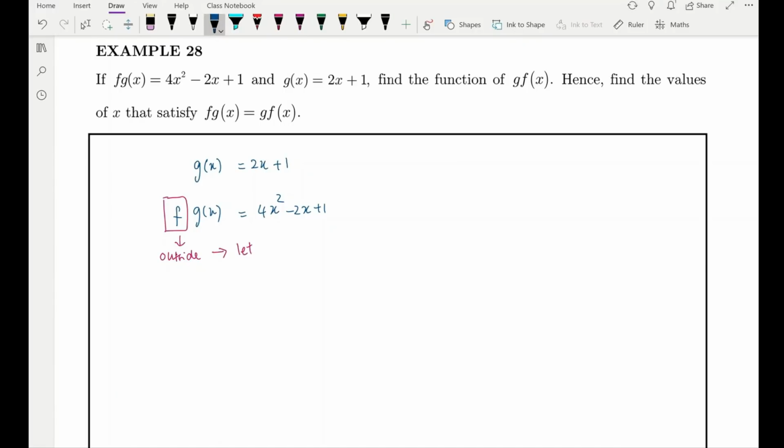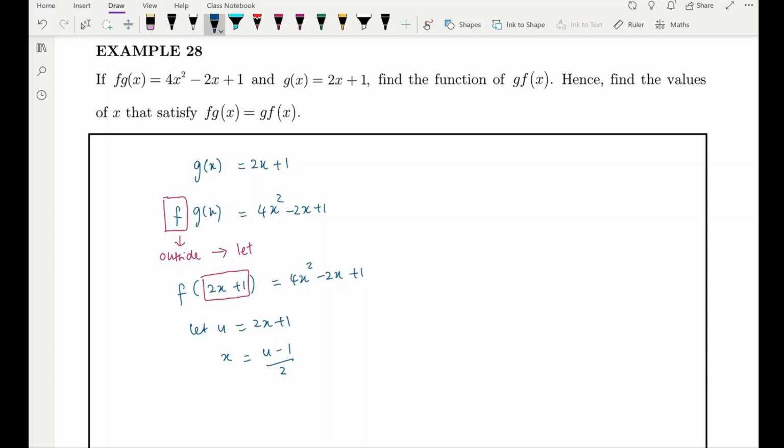So for f of g(x), we substitute g equal to 2x plus 1, equal to 4x squared minus 2x plus 1. And then we let whatever is inside of f. So let u equal to 2x plus 1, and then make x the subject. So you can get (u minus 1) over 2.